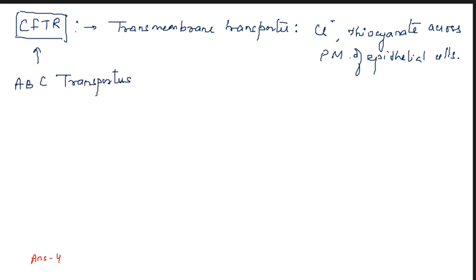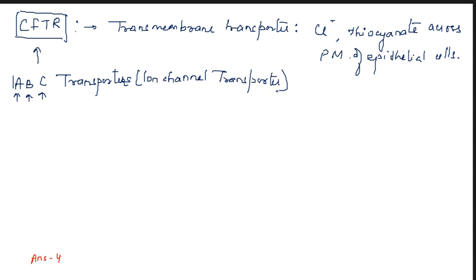What are ABC transporters? They are ATP binding cassette transporters. Understood? And these ABC transporters are a kind of ion channel protein category. They are ion channel transporters.